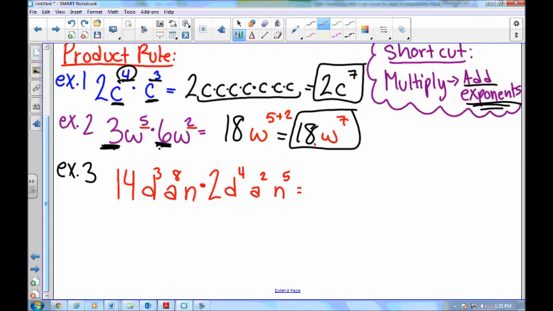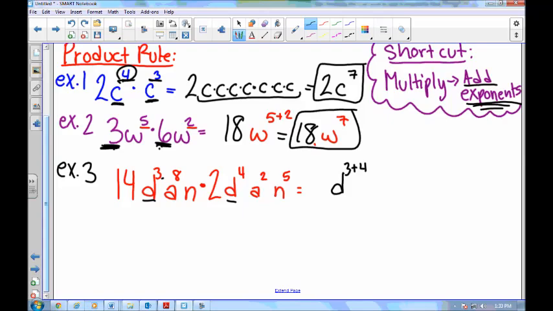Okay, so if we were to show our work for Ms. Gray, let's start with the variables. We would write, I'm going to leave space for coefficients, I'll get back to this in a sec. D to the, what do I do with the D's? Add those two, add 3 plus 4. So to make Ms. Gray happy for this first assignment, I'm actually going to show that, even though we can do that in our head.